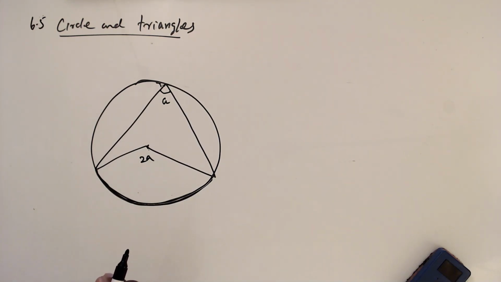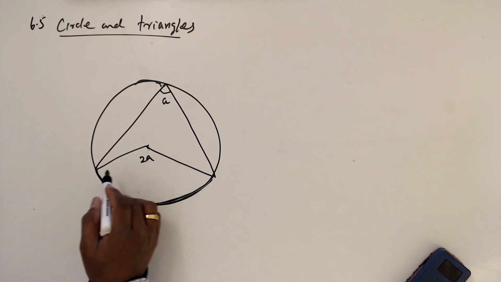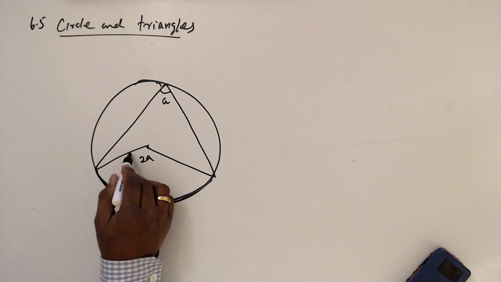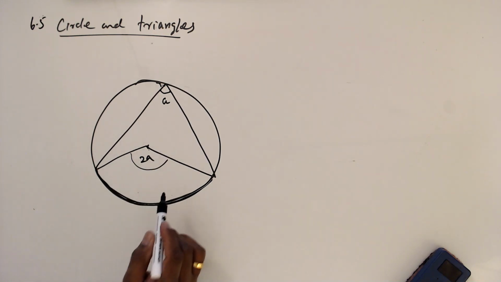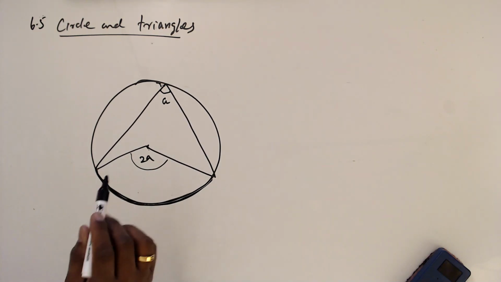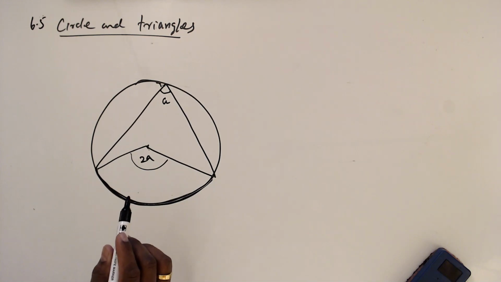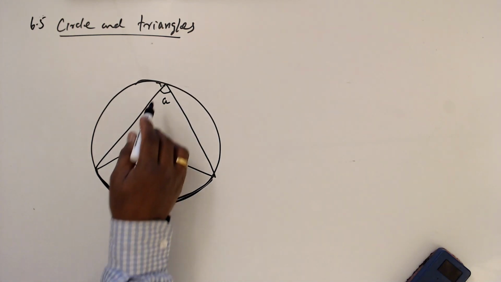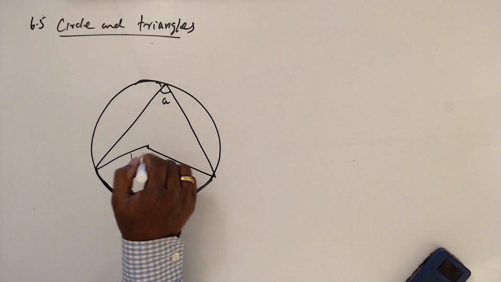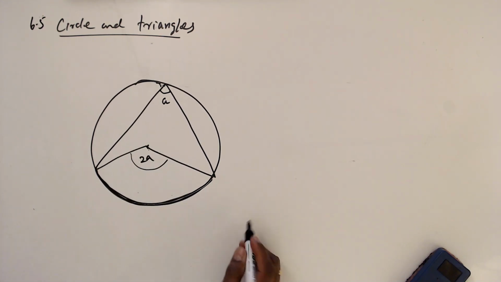The angle at the center of the circle subtended by an arc is twice the size of the angle at the circumference. So twice the size. This is A, this is 2A.